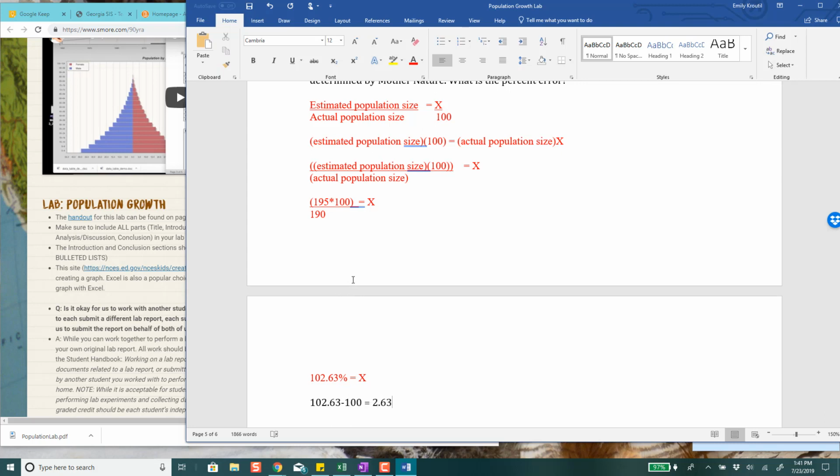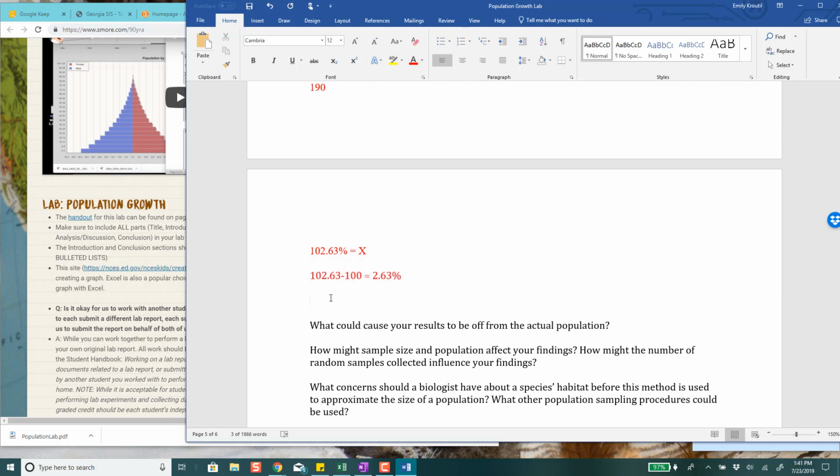That's how much it's off. The same kind of thing, if you get like 98, then you would do 100 minus 98 equals 2%. So that would be your percent error. That's just an example.